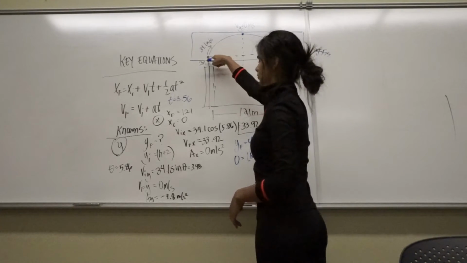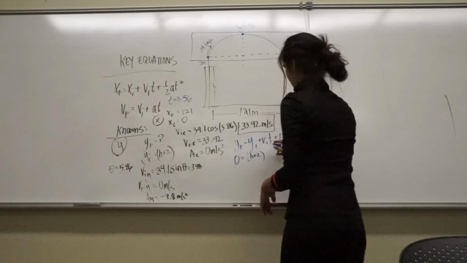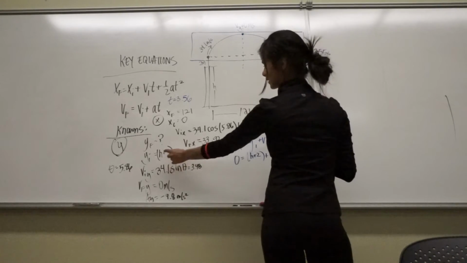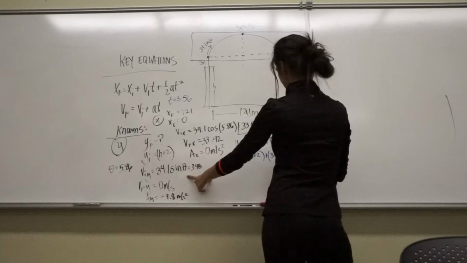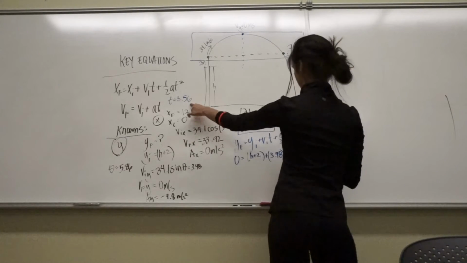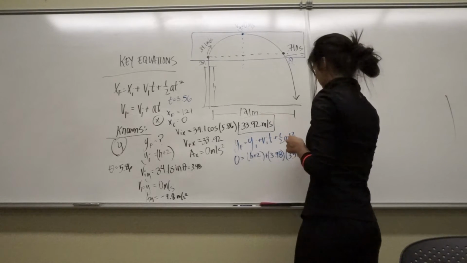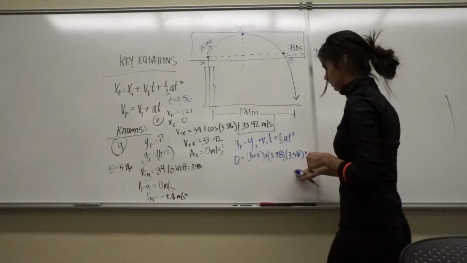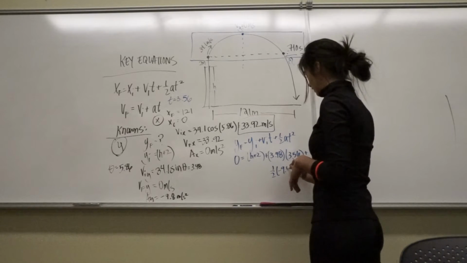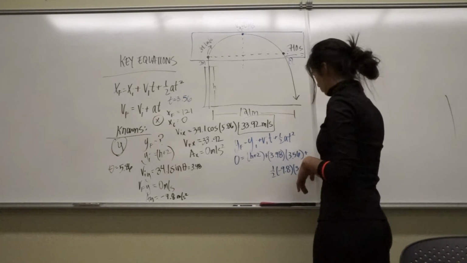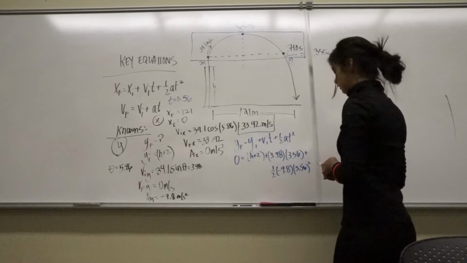This is h plus 2 meters where he threw it. Plus initial velocity is 3.48 times time, which we said was 3.56, plus, I'm going to write this down here because I'm running out of space, 1/2 negative 9.8 times 3.56 squared.